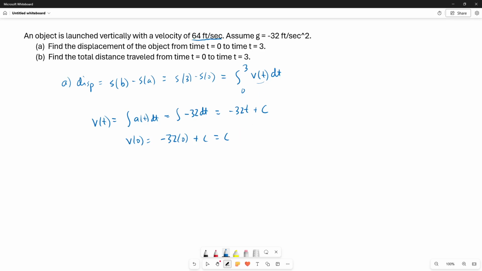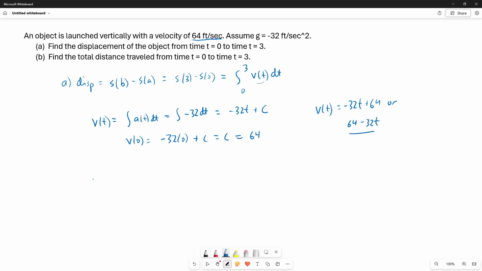So that means that c is 64, and therefore our velocity function is negative 32t plus 64, or 64 minus 32t.